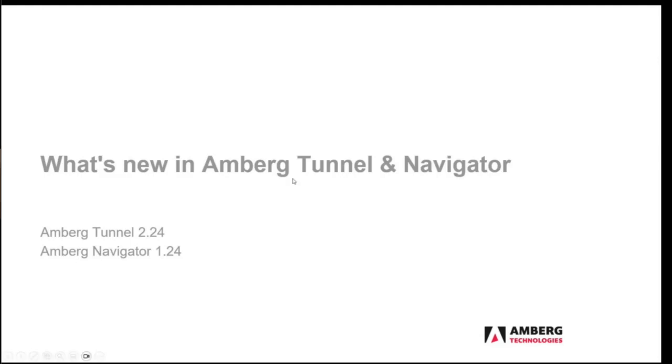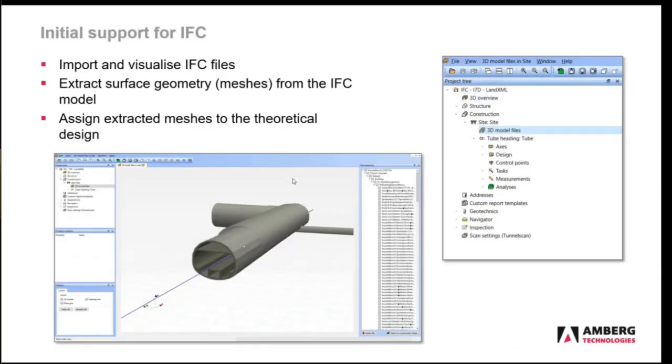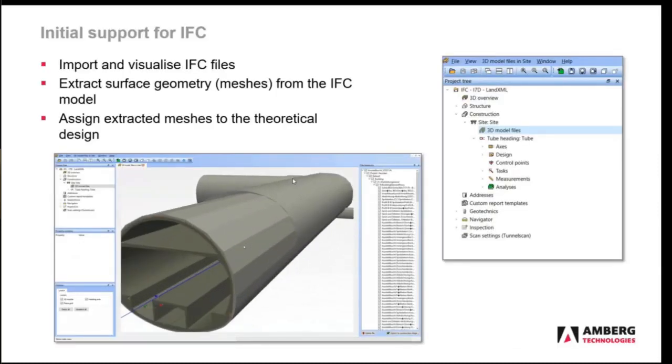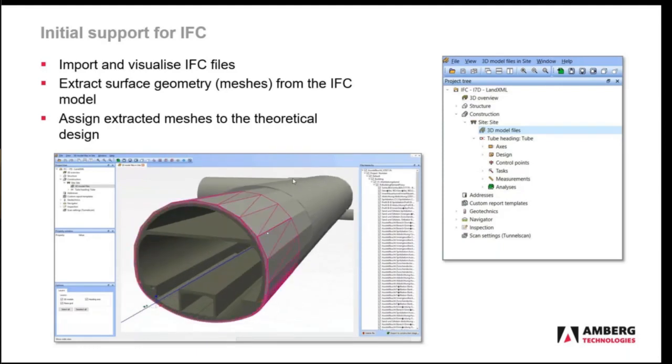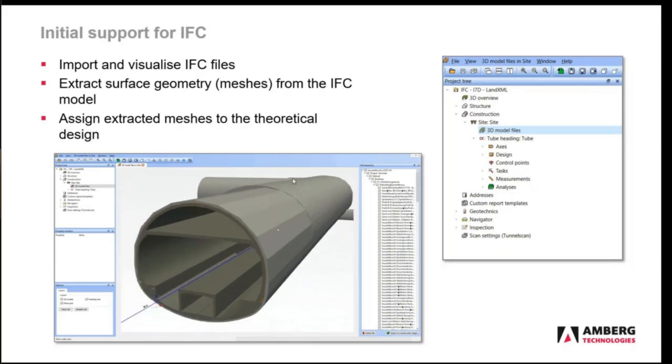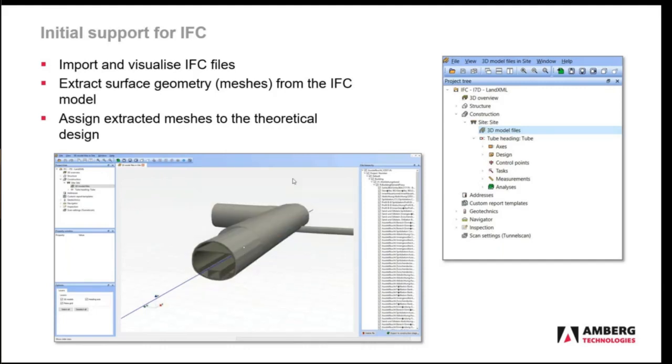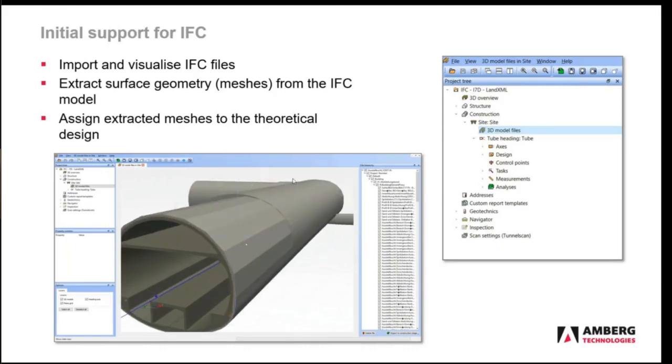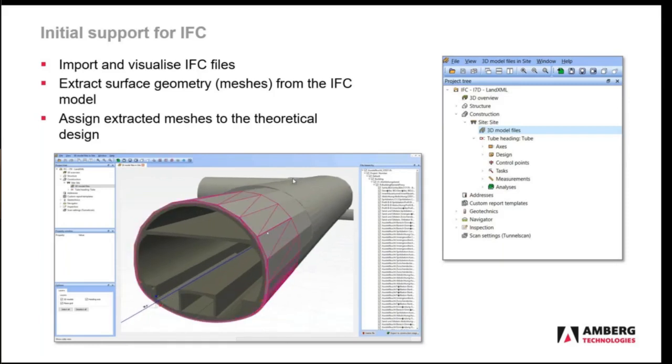Okay. Perfect. So we don't have so much time, so I will get going. The main topic for this release has most certainly been initial support for IFC. So this is a new workflow for importing an IFC file, extracting the relevant geometry, so the surface information from the IFC file, and then using that surface geometry as the theoretical design in Amberg Tunnel.